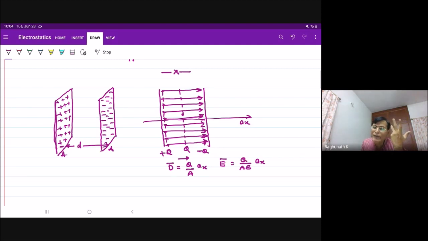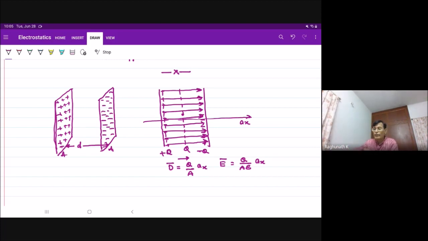Sorry, flux density is charge by area. Electric field intensity depends upon charge, area, and the permittivity of the medium. It is independent of the distance between them.